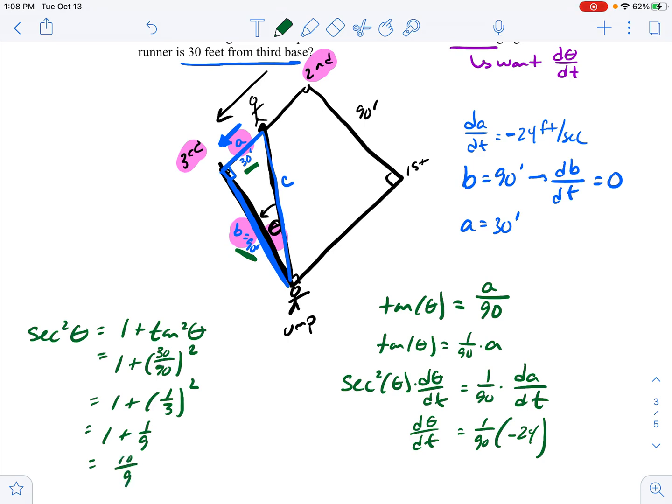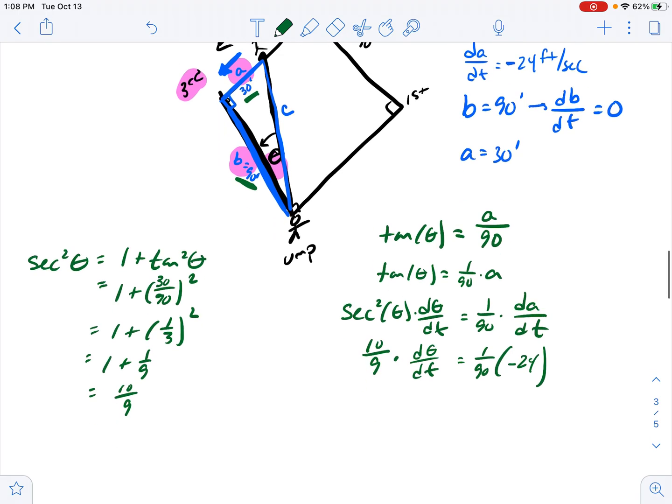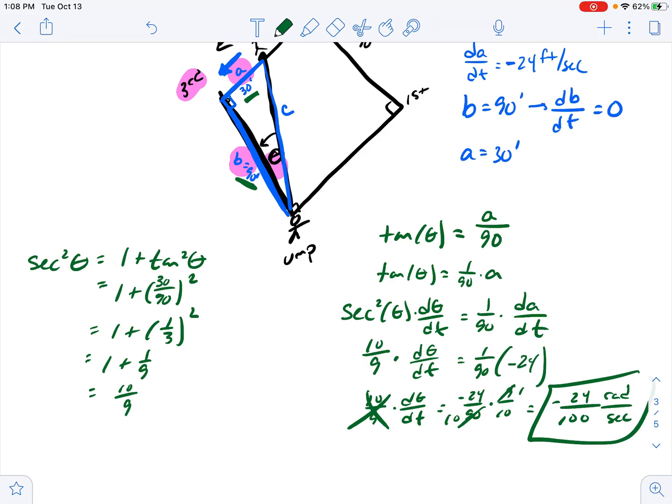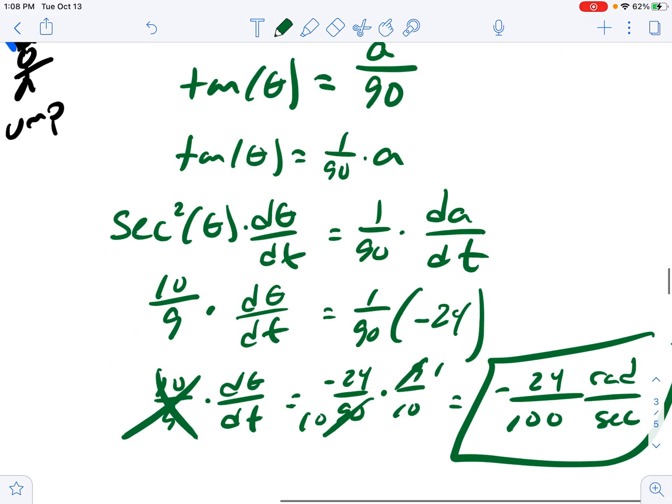And it looks like we're going to get 10/9 for our secant squared value. Okay, presuming I did that correctly. Okay, so let's see, 10/9 of our rate of change in the angle is equal to negative 24/90. Let's multiply by 9/10. And simplify. We're looking at negative 24/100 radians per second. And again, you can simplify that if you want to, but not the most important thing.